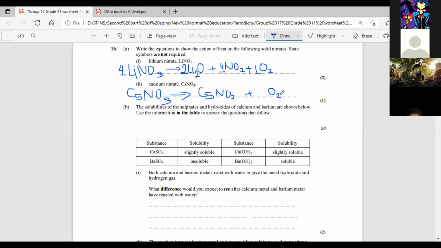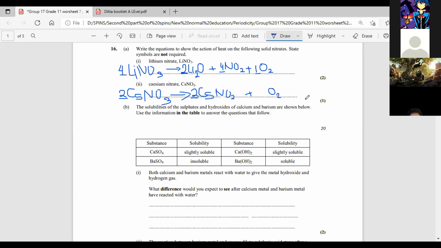It is like potassium. This question similarly appeared when we studied IGCSE. So in this equation, we write 2 over here and then 2 over here. The oxygen becomes 6, balanced.